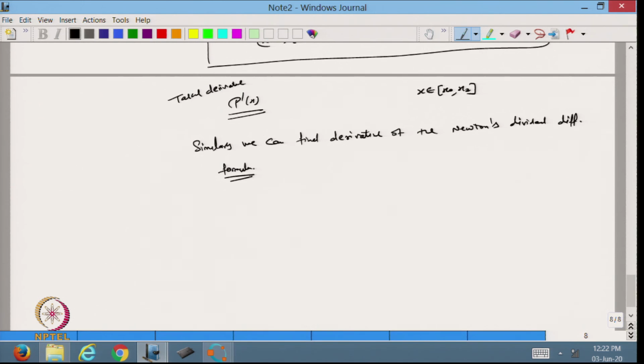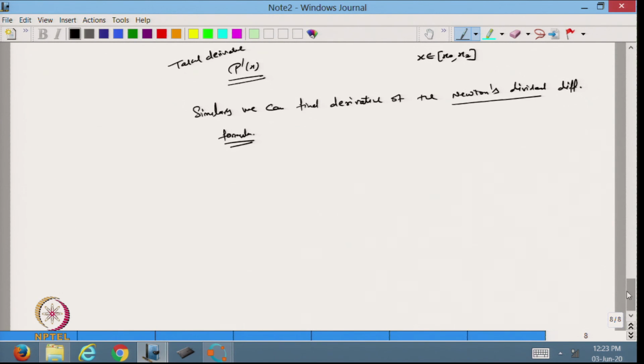So, in that case also we are getting the interpolating polynomial, and then I can take the derivative with respect to x, and then we can approximate any value of x in between x naught to xn to find out the value of the derivative for the given x. So, this way, with the help of the interpolating polynomial that we have discussed in the previous lecture, we can find out the value of the derivatives, first derivative or the second derivative, of any value of x lying in the given values of x. So, that is x from x naught to xn.